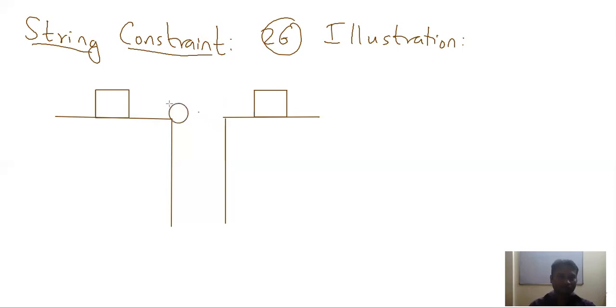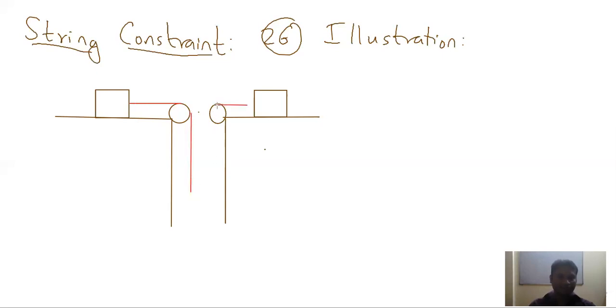So this is pulley number 1 and this is pulley number 2. These two pulleys are joined by a thread as shown. Let us show the thread in red color. So this is thread 1, and this thread 1 goes down all the way.